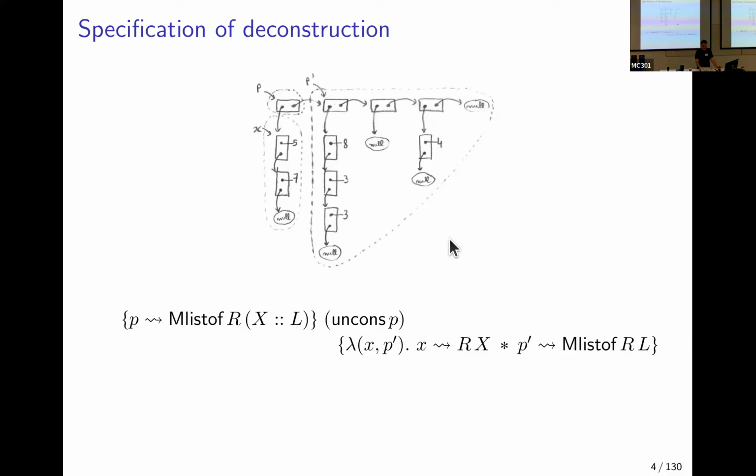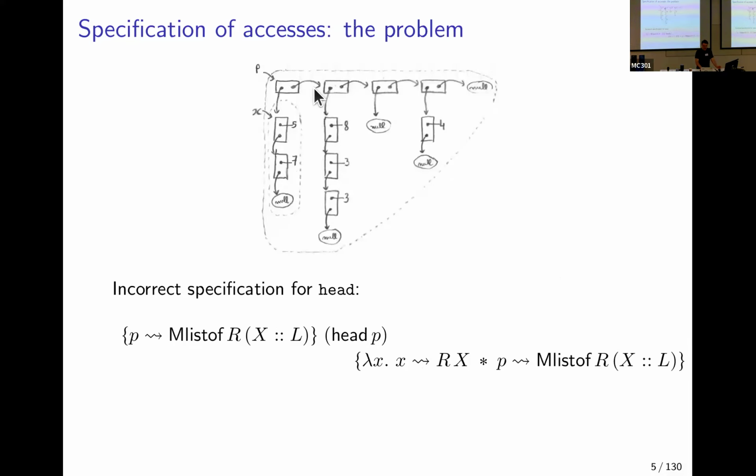You can split. However, if you have this head function, and you know that P points to some non-empty list of lists or list of things, then this specification doesn't hold, because it is not separate. Indeed, you have a blob inside of another blob.